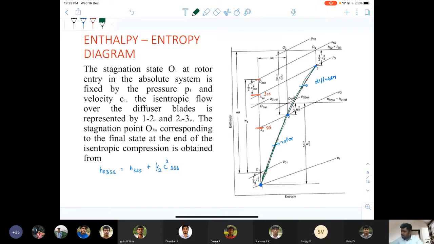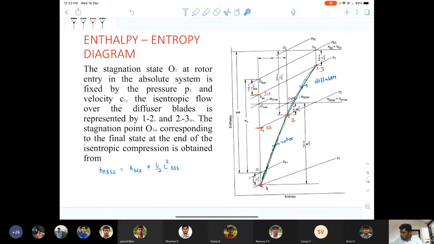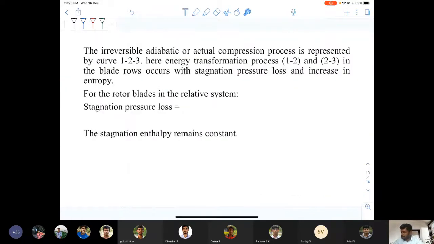This is state 2 and this is state 3, and this point is state 1. This curve is represented as an irreversible adiabatic process.